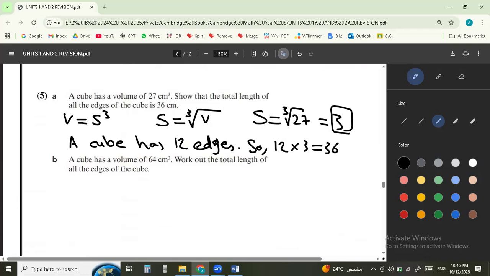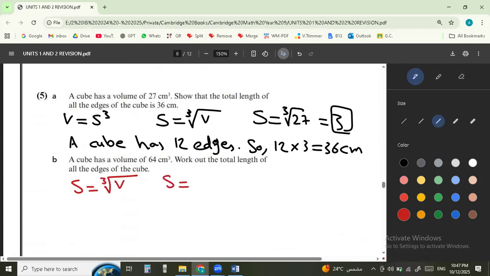They wanted me to show that it's 36 centimeters. But again, in a different example, you can repeat the answer to this question. If you still haven't got it, you can watch question B. A cube has a volume of 64 centimeters cubed. Work out the total length of all the edges. I need the length of one edge, only one edge, which is the side. We agreed S equals cube root of the volume.